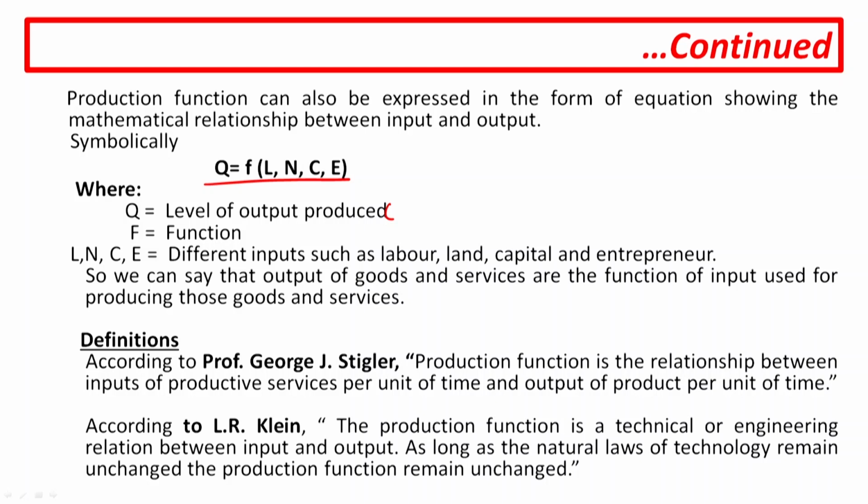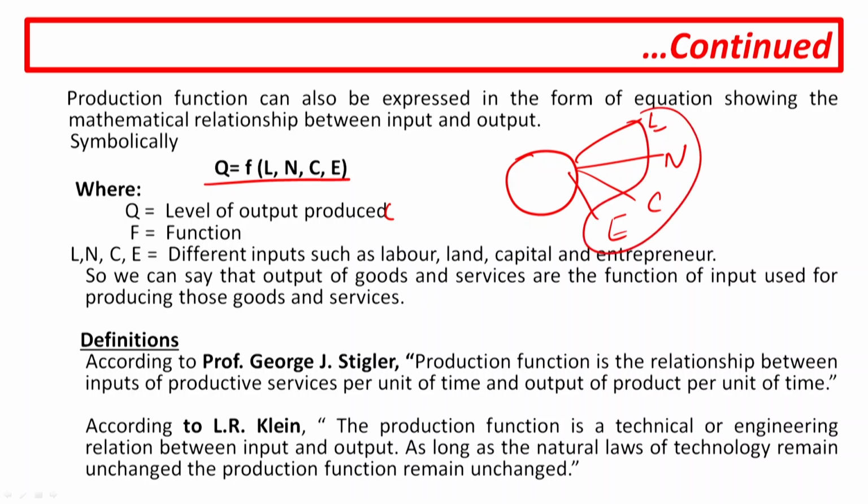L denotes labor, N denotes land, C denotes capital, and E denotes entrepreneur. That means your output totally depends upon the various types of factors. All these help in producing this level of output.